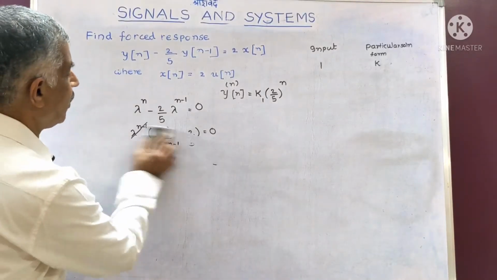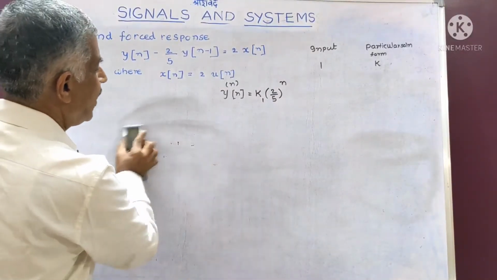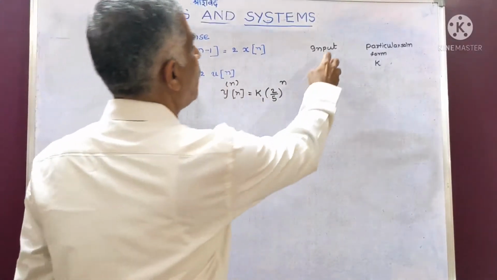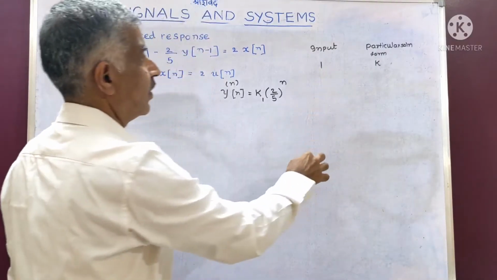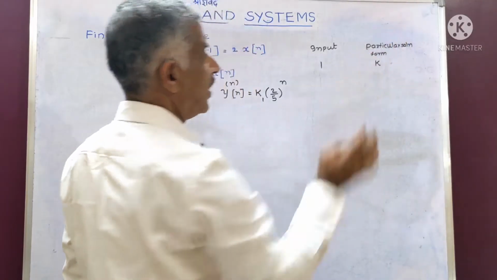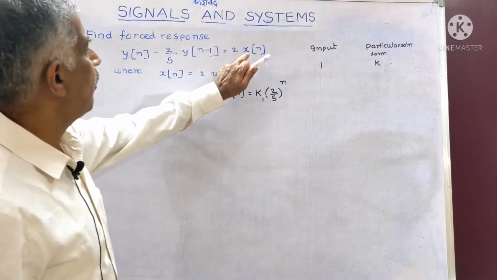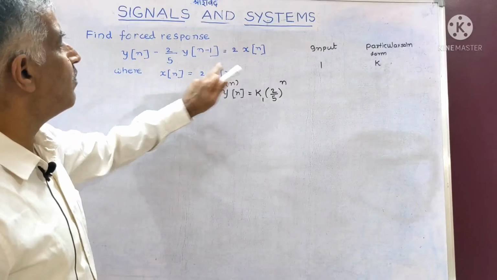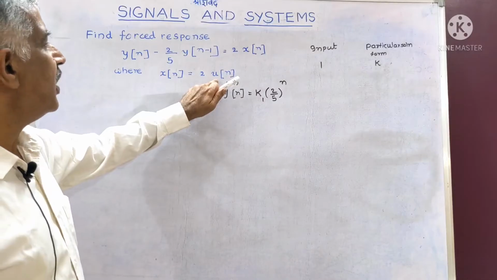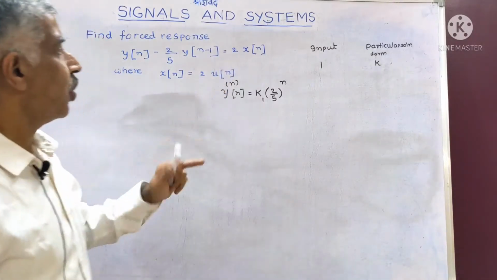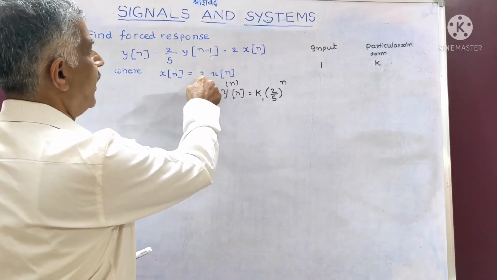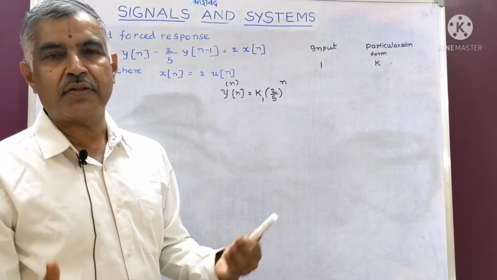Now we have to find the particular solution. If the input is of the form of a constant, then the particular solution is also of the form of another constant k. Here in this problem, x of n is 2 times u of n. 2 is a constant and it is multiplied with u of n.